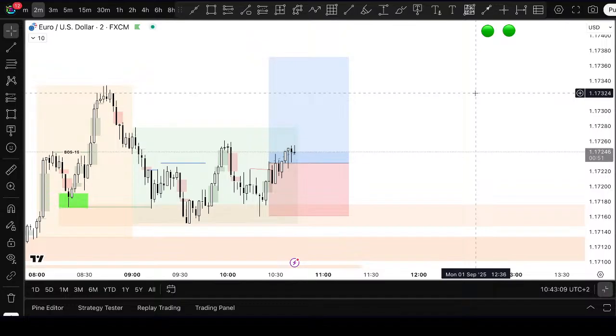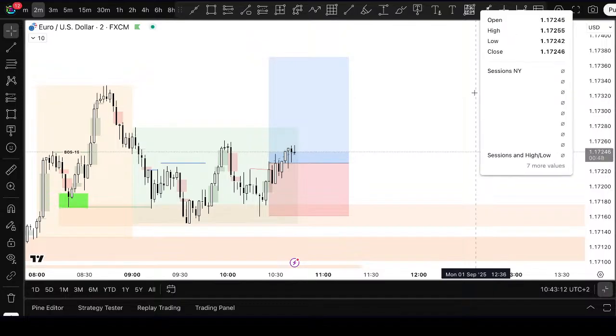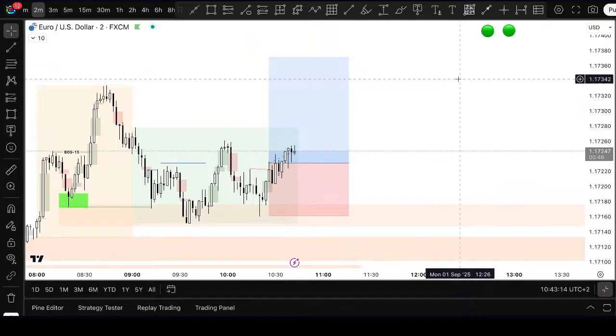Yeah, it's perfect. But let's see what happens. Okay, the euro is starting to go up, and we are on the right side. That's it.